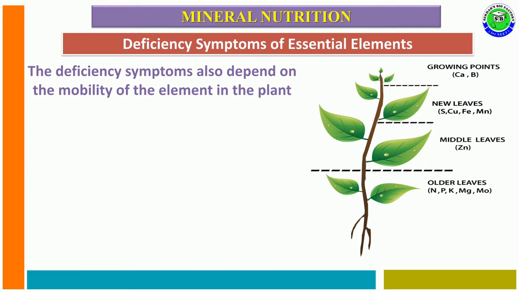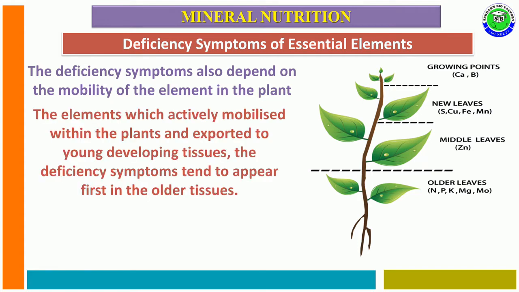These deficiency symptoms generally depend on the mobility of various elements in the plant body. The elements which are actively mobilized within the plant body are exported to young or developing tissues. At this time, the deficiency symptoms first appear in older tissues.